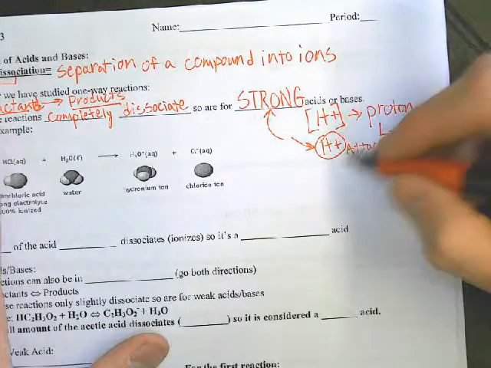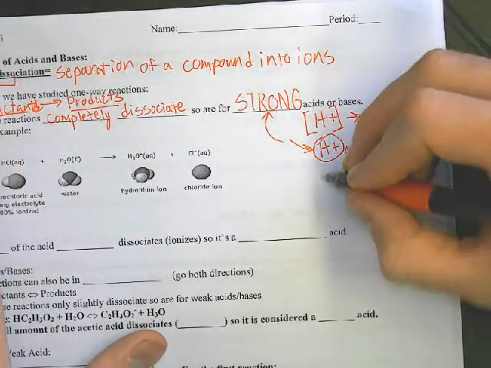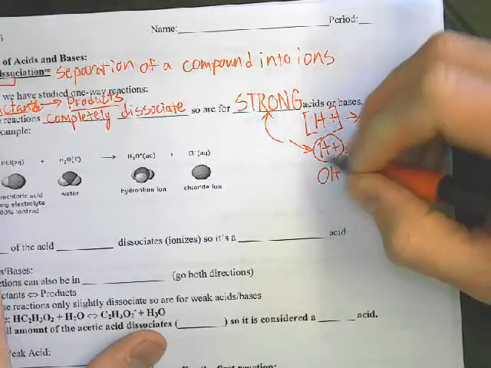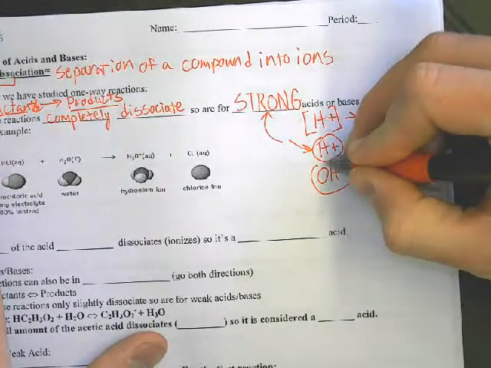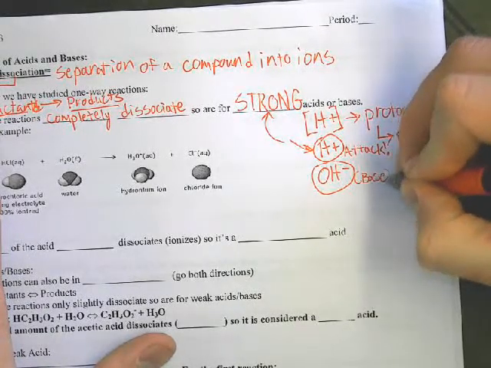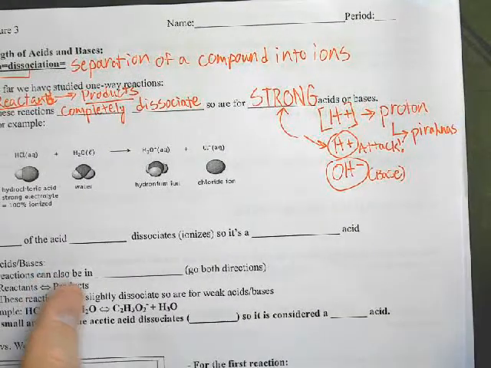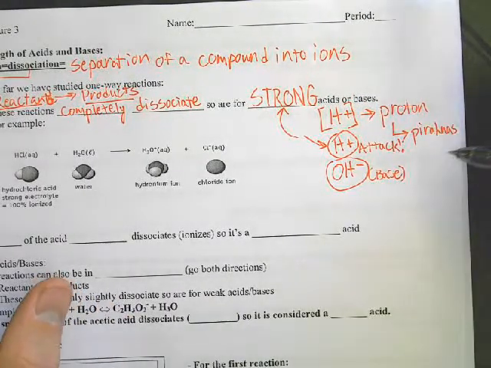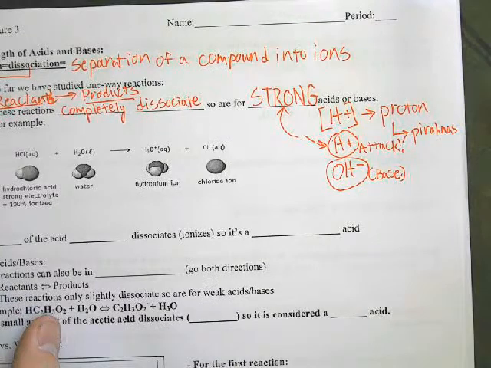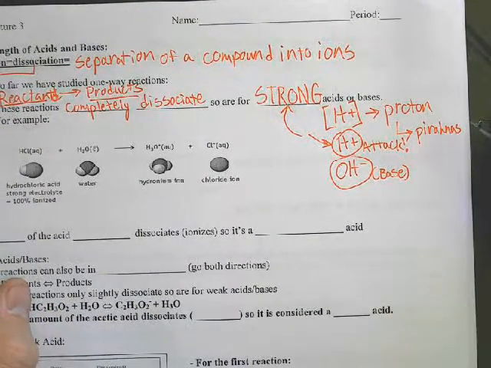And if we have a base, instead of an H plus, it's an OH minus. Same type of deal. Those OH minuses run around and try to attack whatever substance you have inside your acid or base.